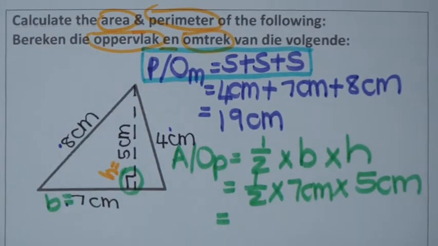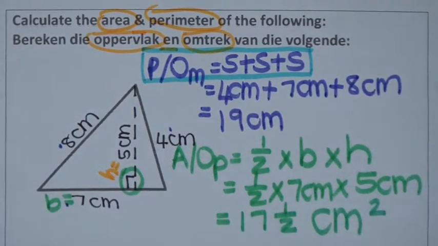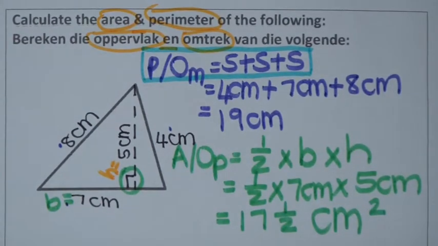You must halve that number. If you times something by a half, you are halving that number. So what is half of 35? Half of 34 is 17. So half of 35 is 17 and a half centimeters squared.